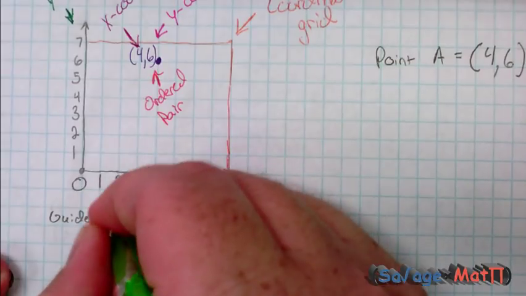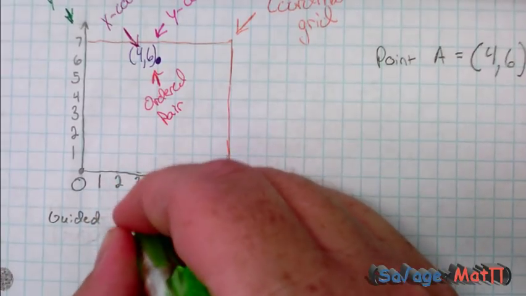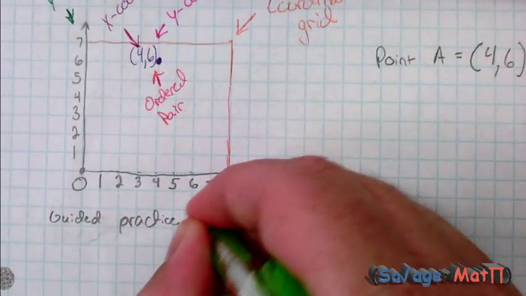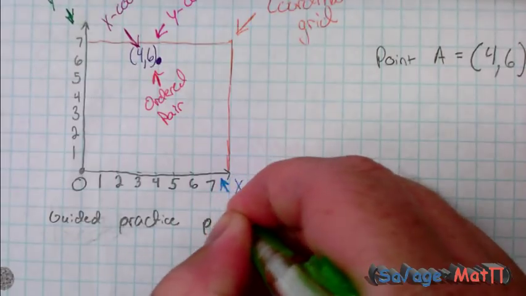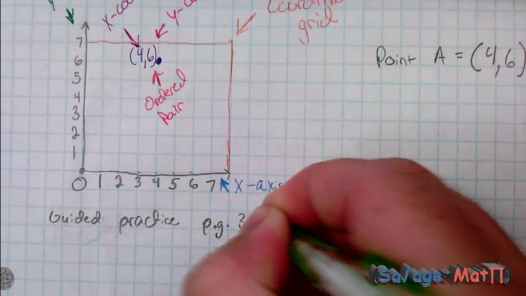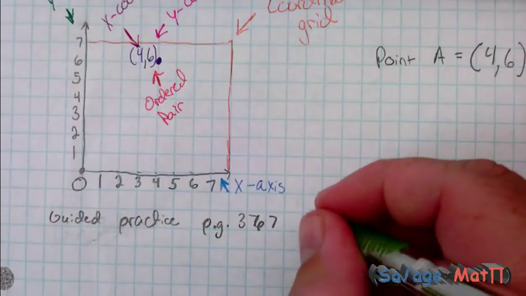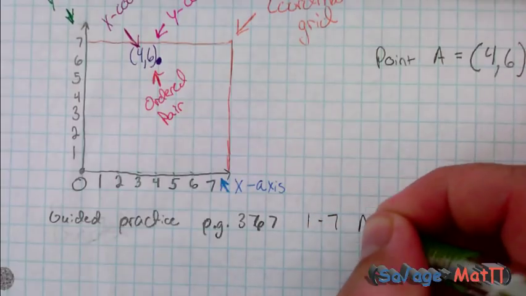Guided practice is on page 367, and we're going to do numbers 1 through 7, all.